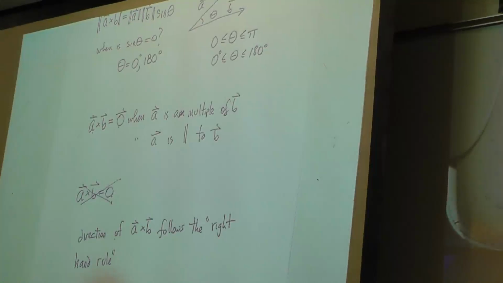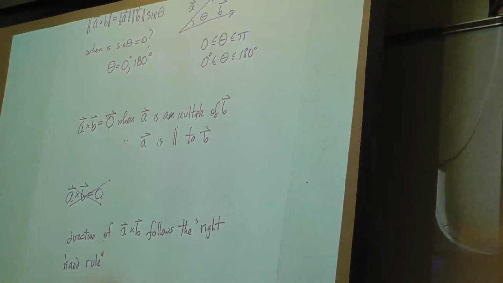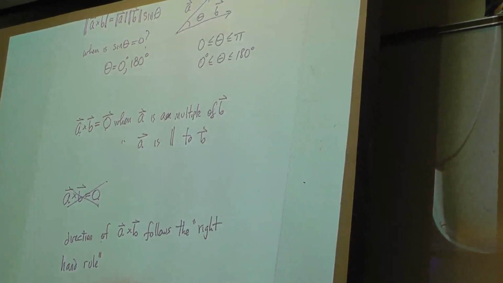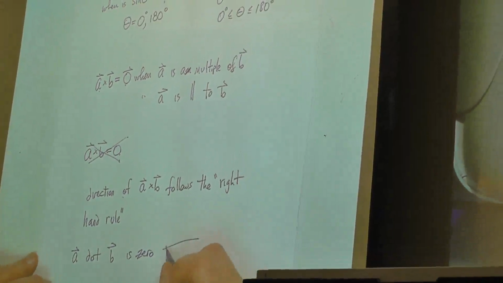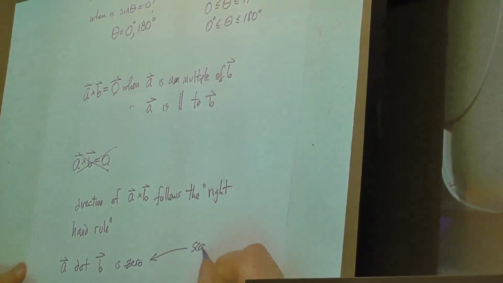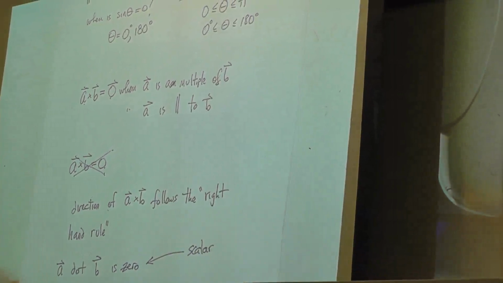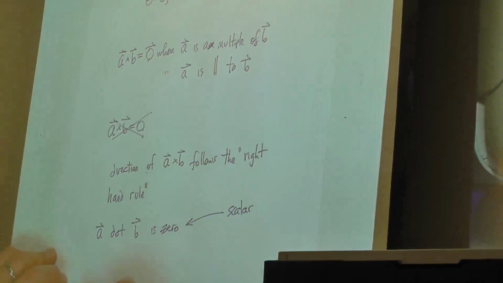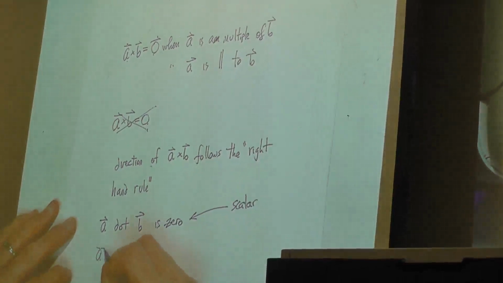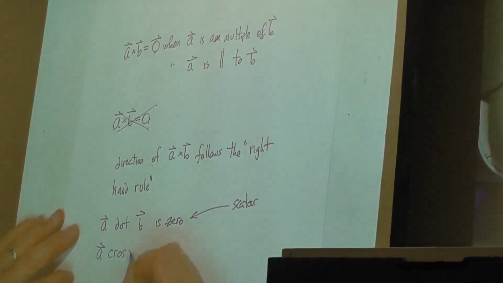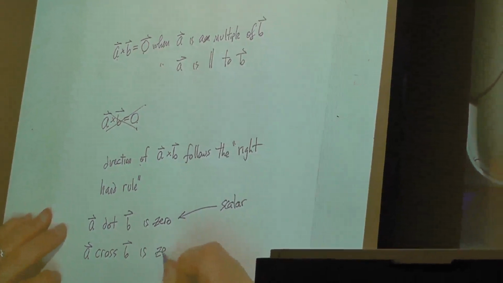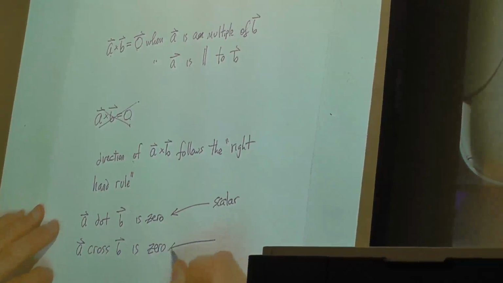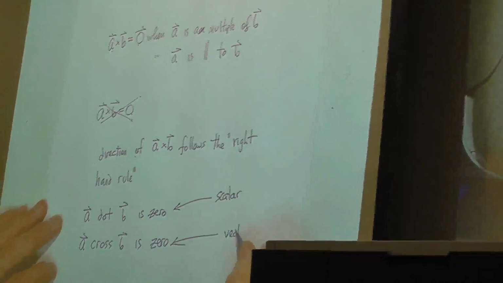If I say A dot B is 0, that 0 is a scalar, a number. But if I said A cross B is 0, that has got to be a vector.